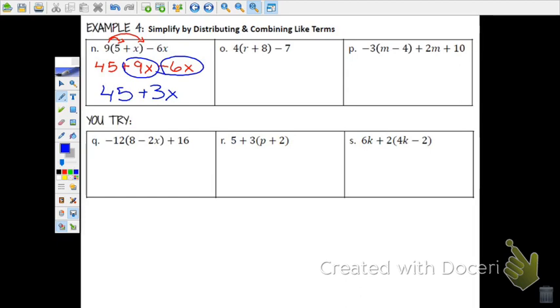Same kind of thing with the next problem. Distribute into my parentheses. 4 times r is 4r, plus 4 times 8 is 32. Drop down my 7. So then I'm going to combine my constants. So I'm going to just drop down my 4r. 32 minus 7 is a +25.